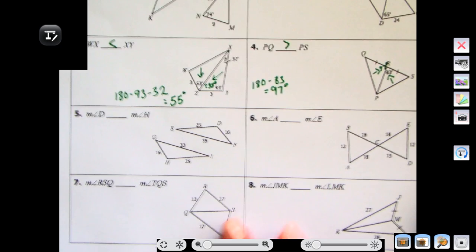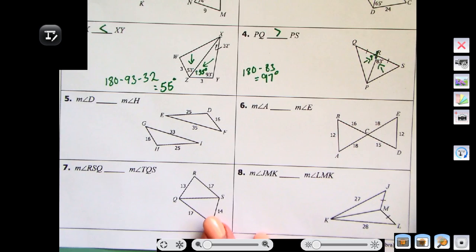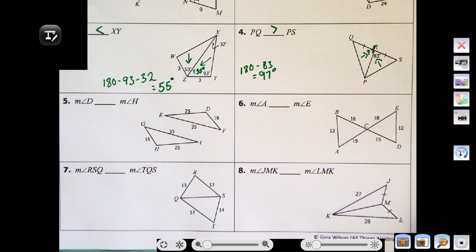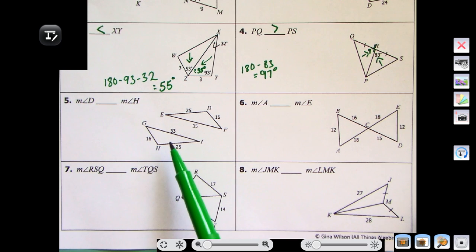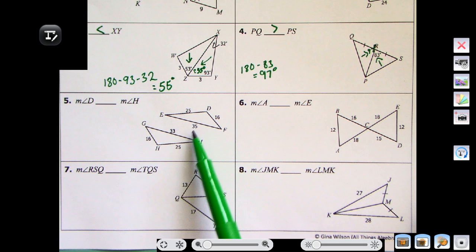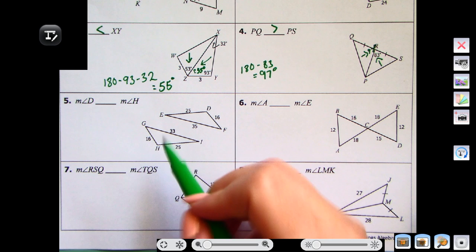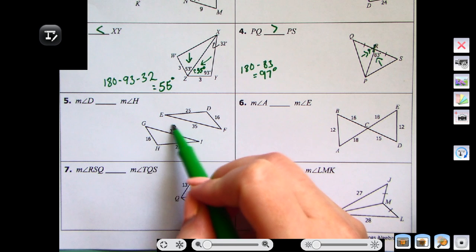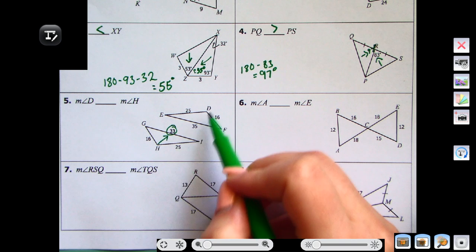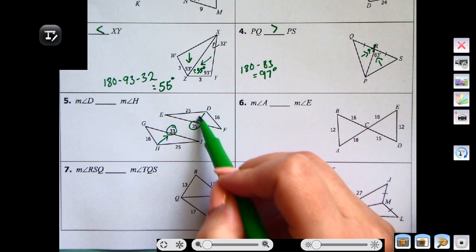All right, now we have number 5 here. So angle D and angle H. So we're just going to look at the sides across from the angles. Now they're given the sides, we've got to do the angles. So angle H is right across from 33 and angle D is right across from 35.